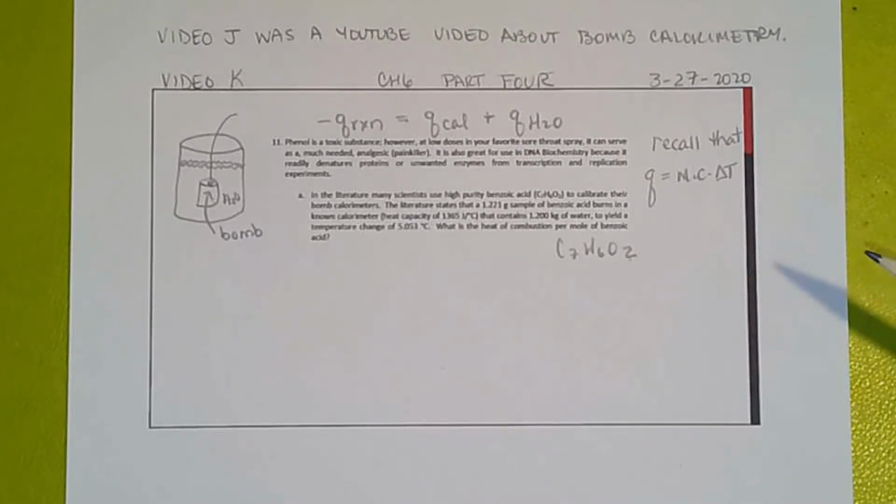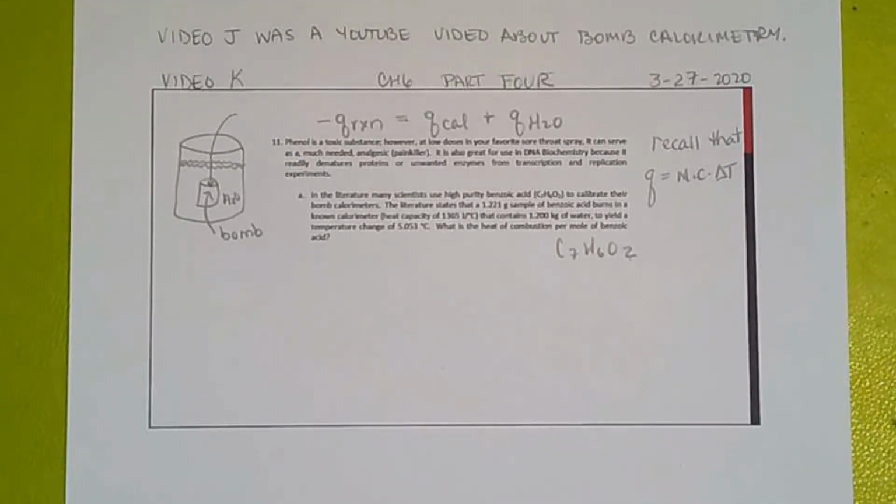Now, this is often done with benzoic acid because it can be obtained in highly pure form, and so you don't have to worry about impurities, and it doesn't absorb water and things like that. So it's a way of combusting something that's reliably pure and easy to weigh.